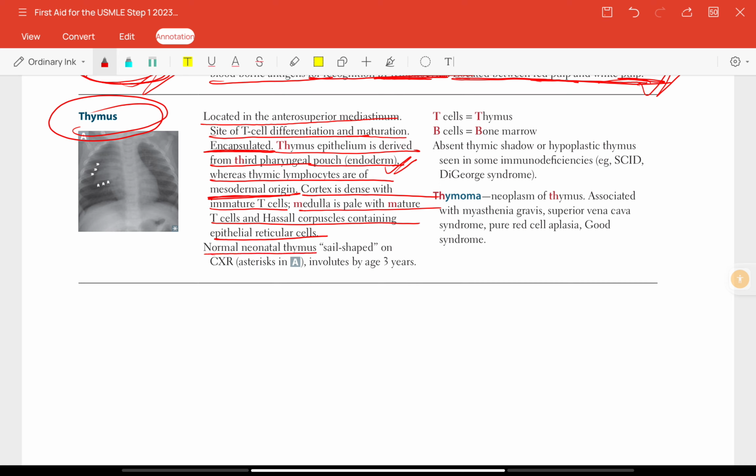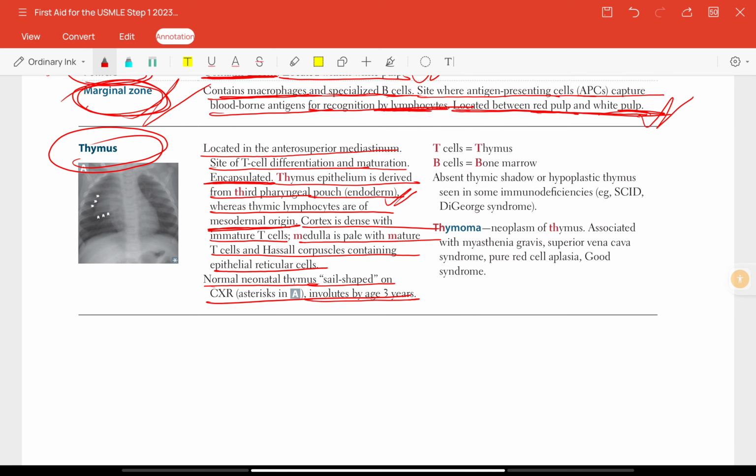The normal neonatal thymus is sail-shaped on chest X-ray. It involutes by age 3 years. T cells mature in the thymus, B cells in the bone marrow.